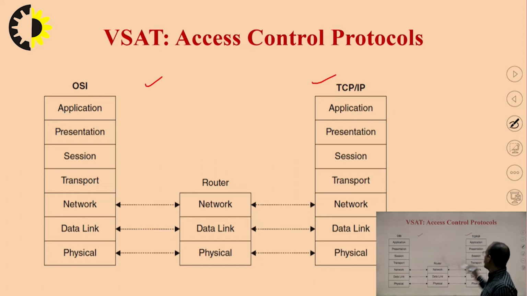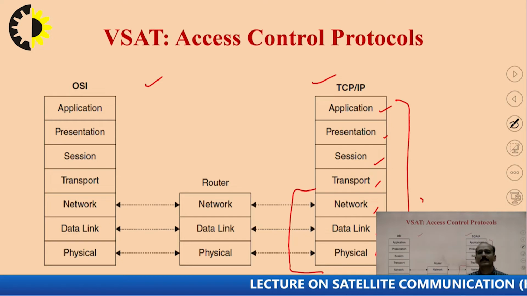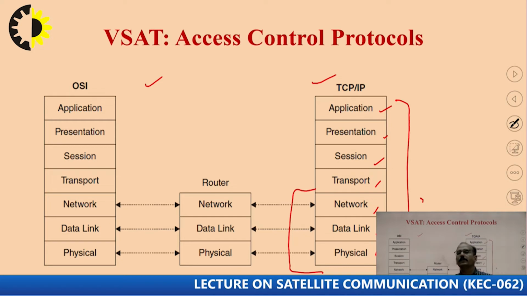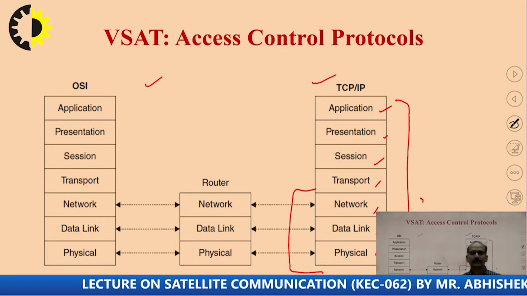As you know, in TCP/IP there are various layers, and the 7 layers are application, presentation, session, transport, network, data link and physical, in which the network layer, data link and physical layer are the same in the router, so that it can be connected between two users. So that is about the basic TCP/IP protocol, the access control protocol, which is going to be used by all communication systems or other wireless communication systems.